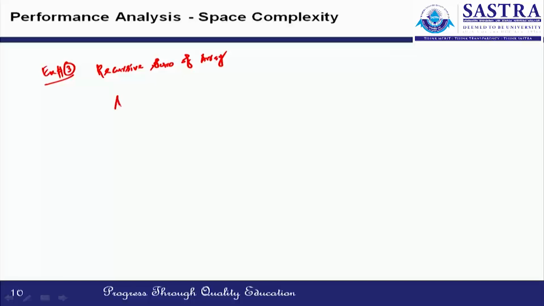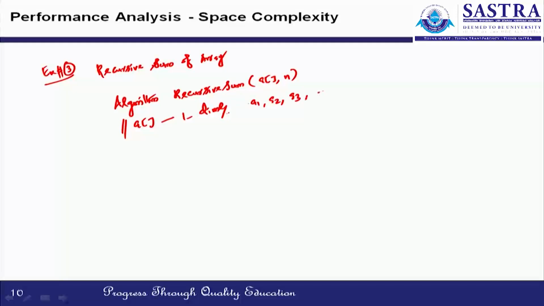For example, algorithm recursive sum, A array comma n. What is A array? A array is a one-dimensional array which consists of the array elements a1, a2, a3, etc., an.